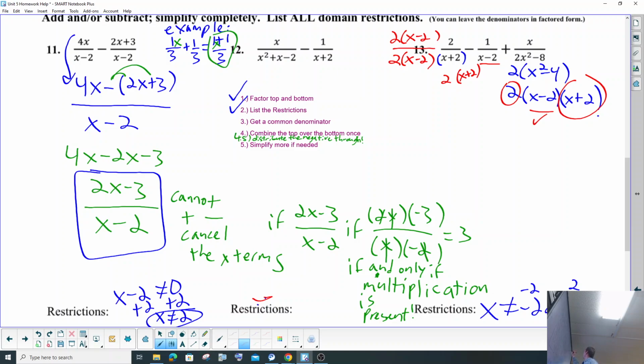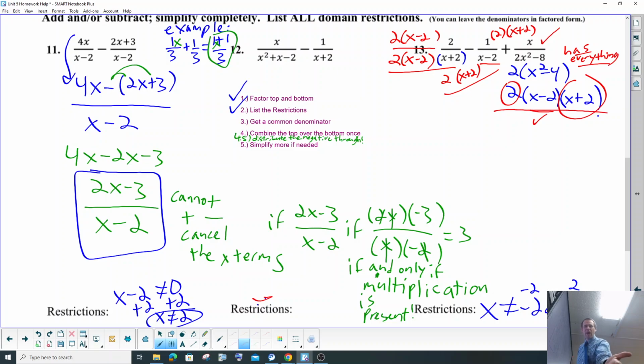So then this gets multiplied with a 2, as well as an x plus 2. There we go. And then this already has everything, so this one's already done. Okay, so now we have a common denominator.